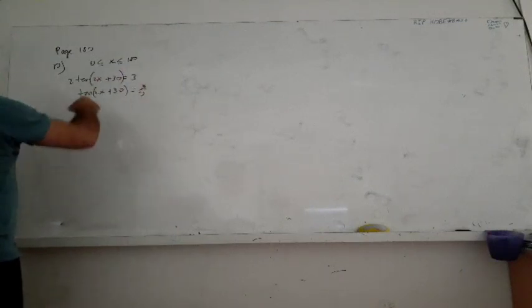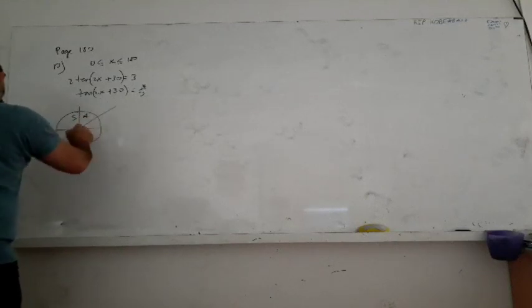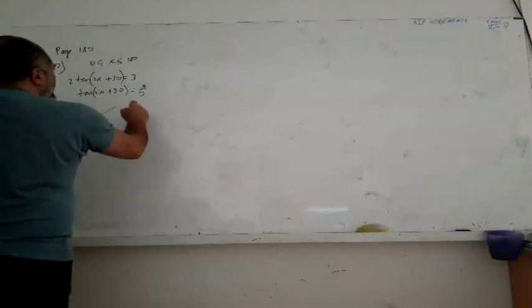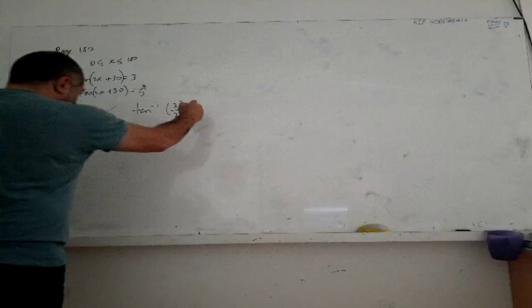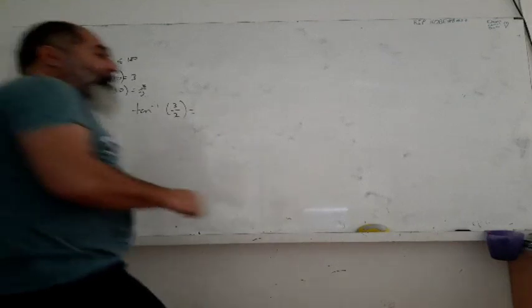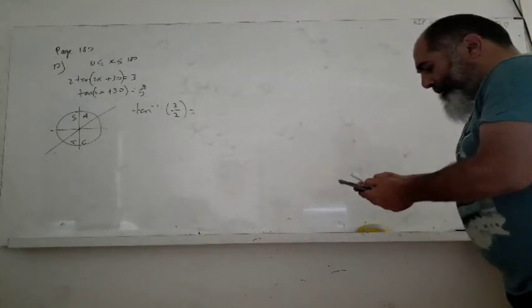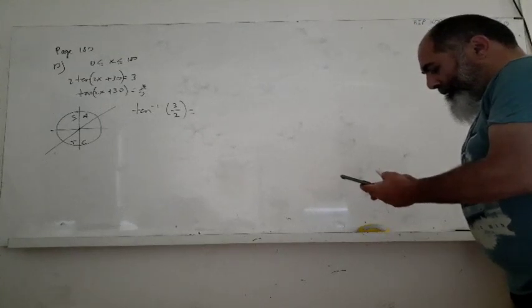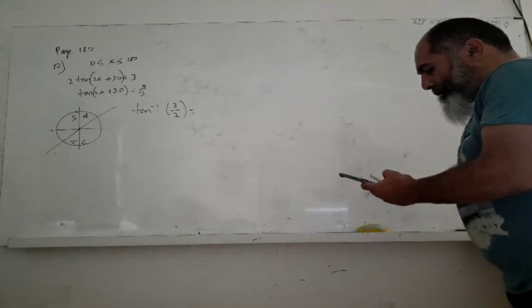Draw the unit circle. Tangent is positive in the first and in the third quadrants. By finding the tangent inverse of 3 over 2, let's find the basic angle here, and the basic angle is going to be 56.3.